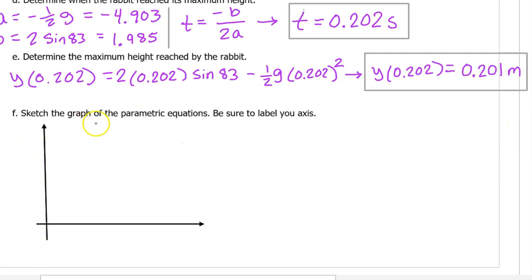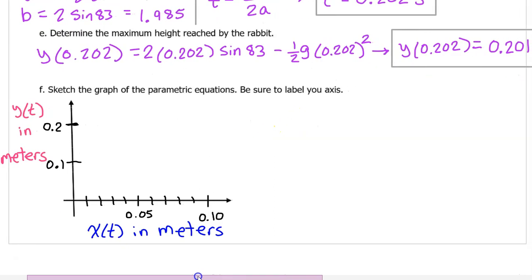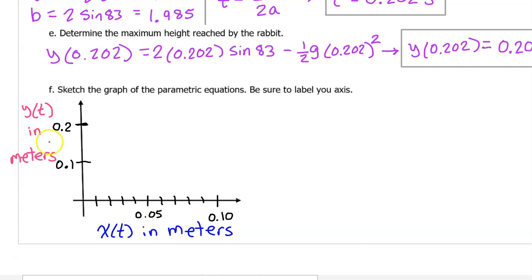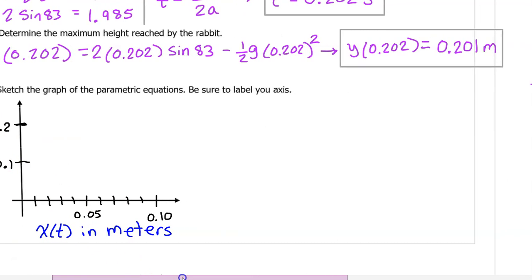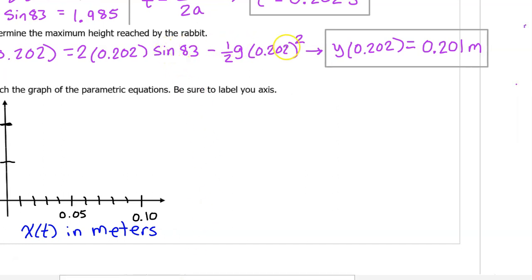Part F. Sketch the graph of the parametric equations. Be sure to label your axis. So far I have labeled the horizontal and vertical axis on my graph, choosing an appropriate scale. For example, we know that the maximum height reached by the rabbit was 0.201 meters.